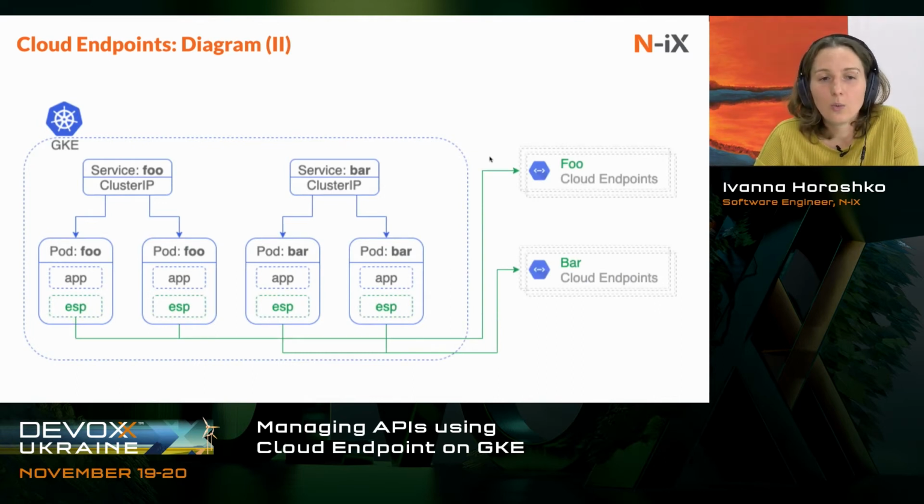First of all, now we change our pods and we deploy 2 Docker containers there. Now each of your pods has an application and an ESP container running there. And as well, on the right, we have defined 2 cloud endpoint services, one for foo and one for bar, and your ESP containers are connected to it.